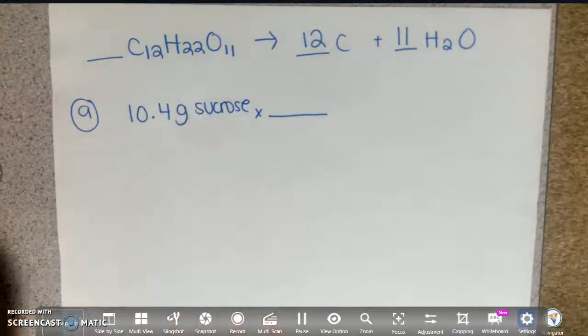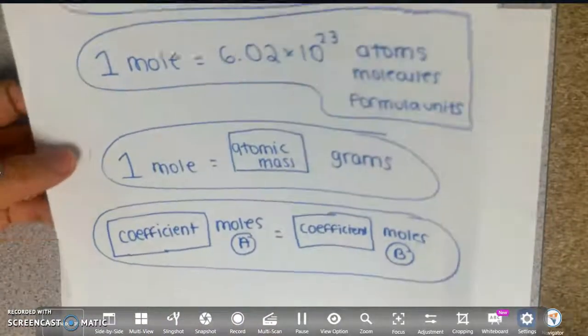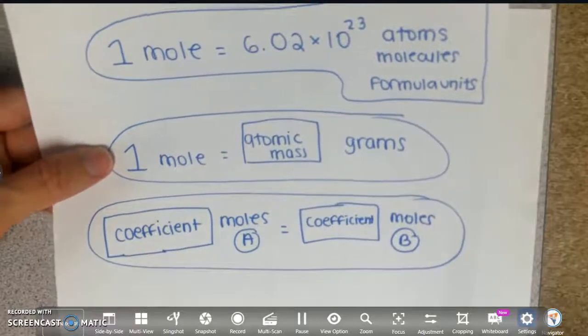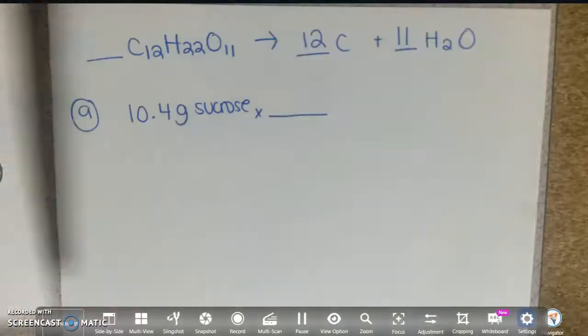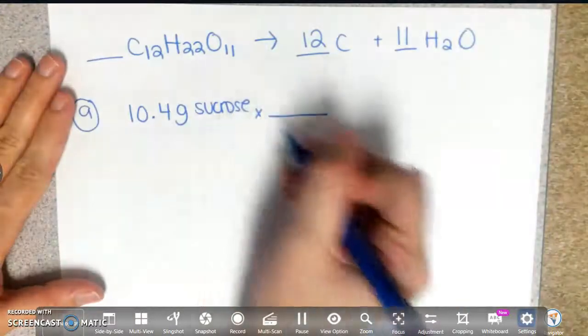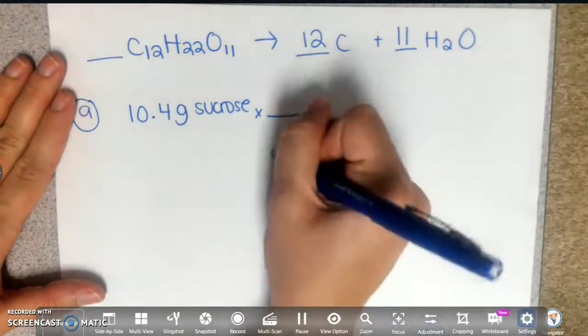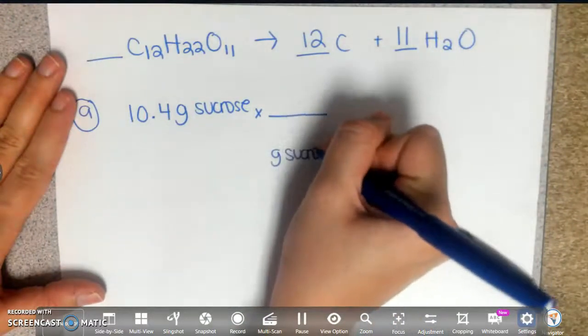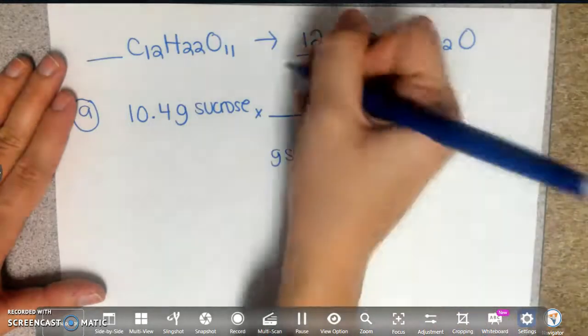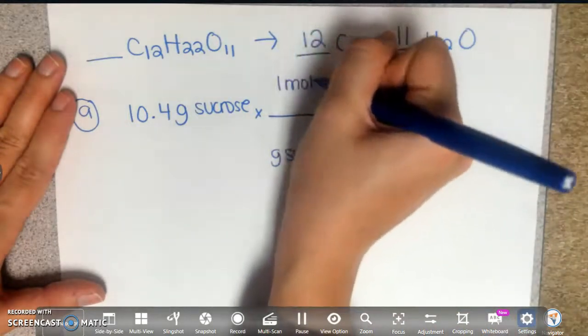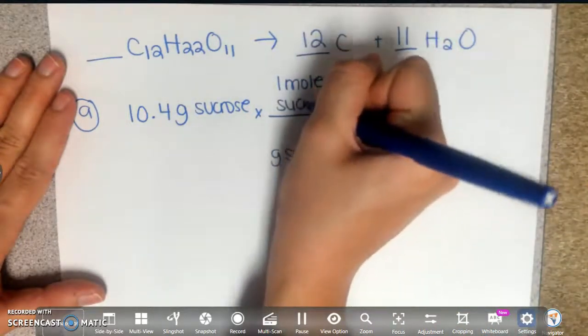Now I have grams of sucrose. I need to get rid of that unit first. So to get rid of grams, we use this conversion. 1 mole is the atomic mass in grams. Now this is grams, the bottom has to be grams. So grams of sucrose and 1 mole of sucrose.